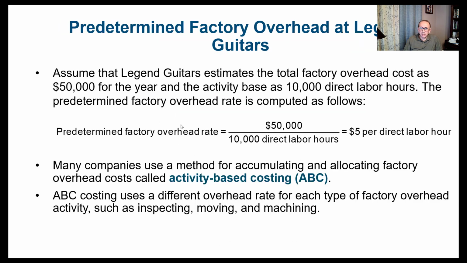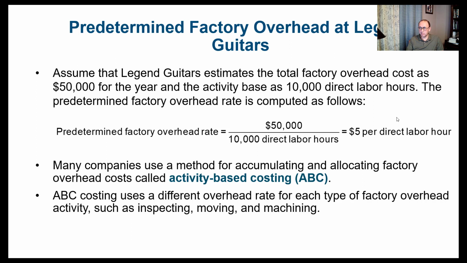So let's see this example for our company here that we've been using, which is Legend Guitars. So assume that Legend Guitars estimates the total factory overhead cost as $50,000. Again, remember, that's an estimate. The actual could be more or less. But our estimate in this case is $50,000 for the entire year. And the activity base is 10,000 direct labor hours.